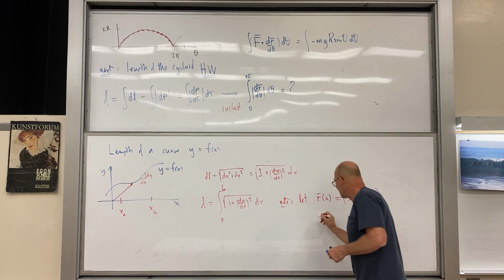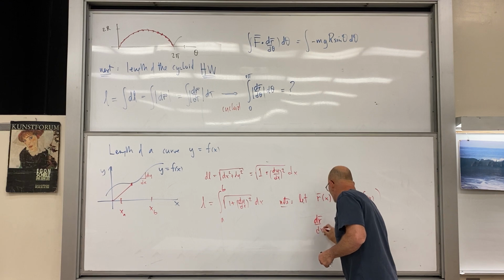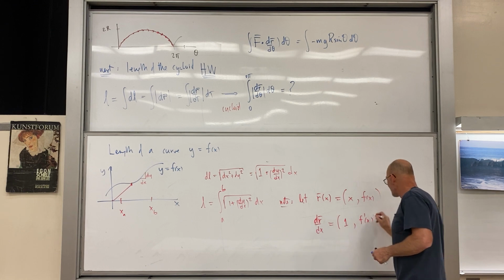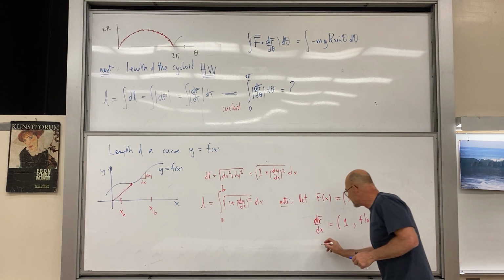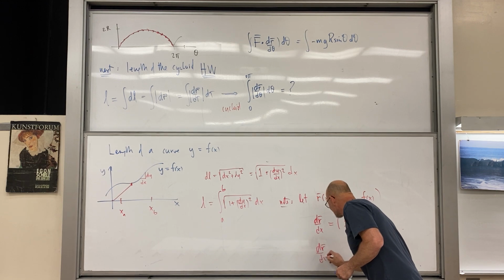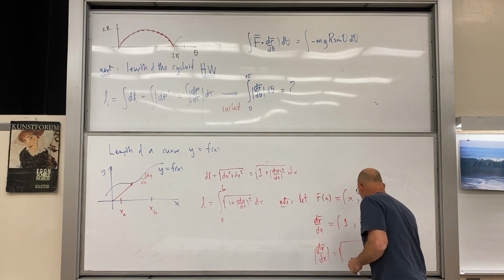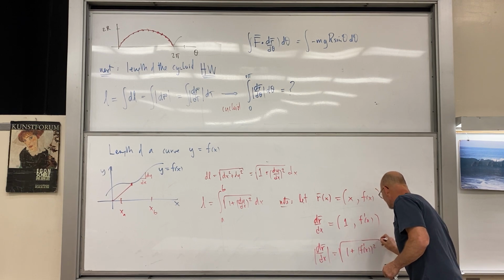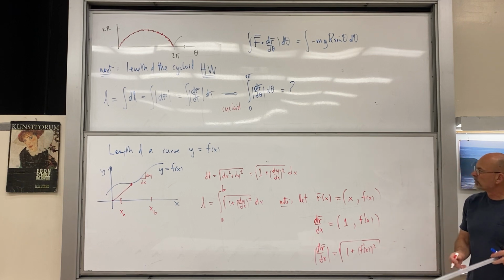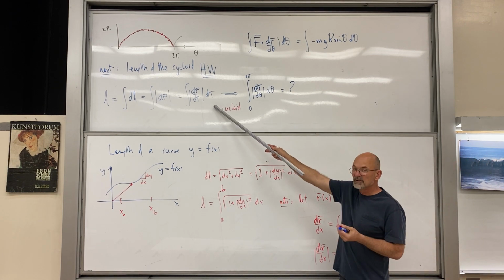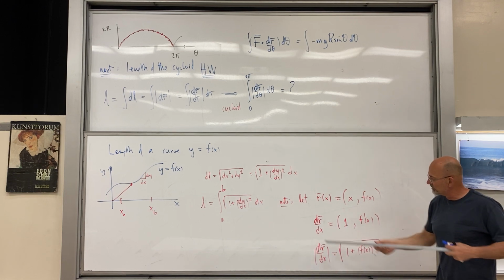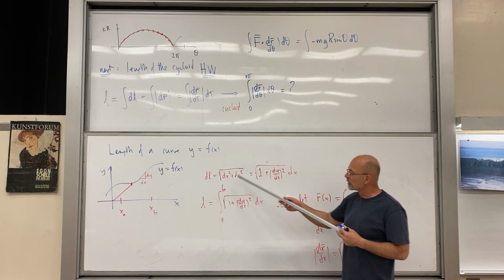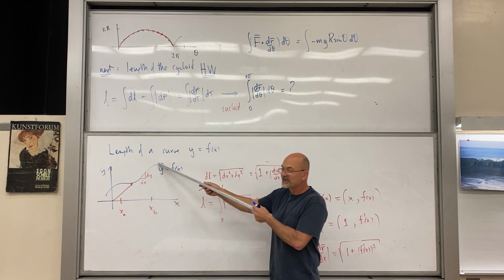So in that case, our dr dx vector is 1 comma f prime of x, and then its magnitude, dr dx magnitude, is the root of 1 plus f prime of x squared. And then we multiply it by dx, and we derive it right here as well. So this is also a standard form for the length of a curve if you have a single valued function.